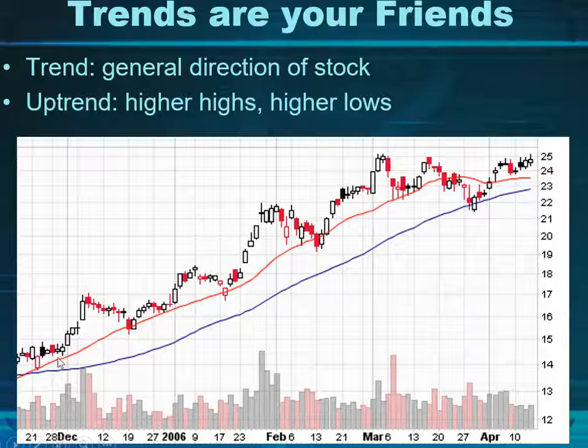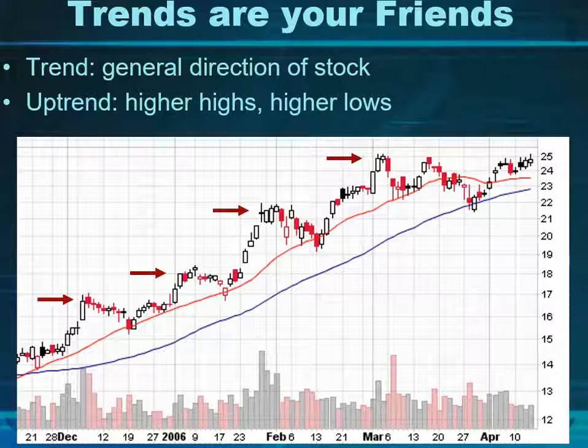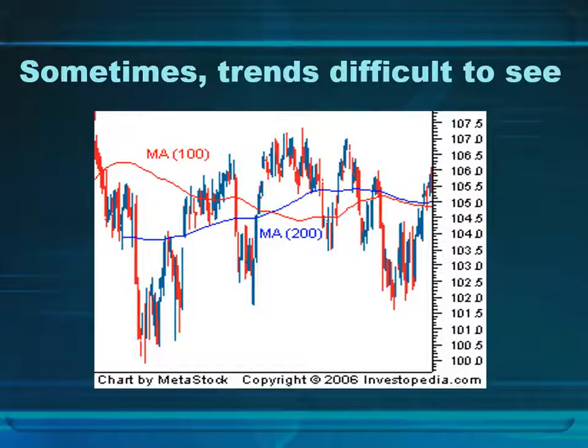That is, we can see higher highs and higher lows. Sometimes the trend is difficult to see, as here we don't know whether the actual trend is going to be upward or downward, like this.